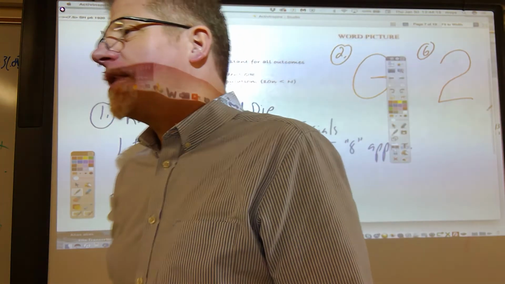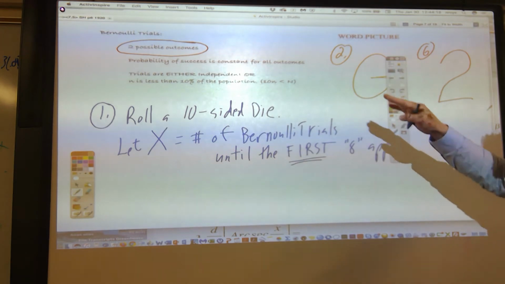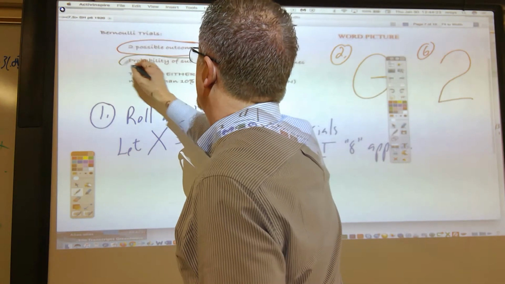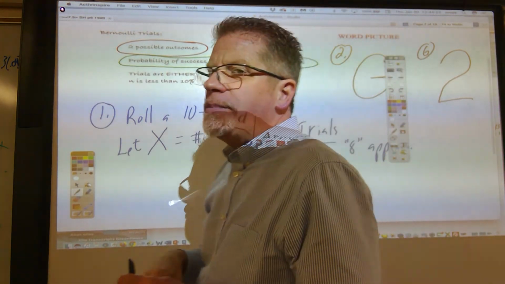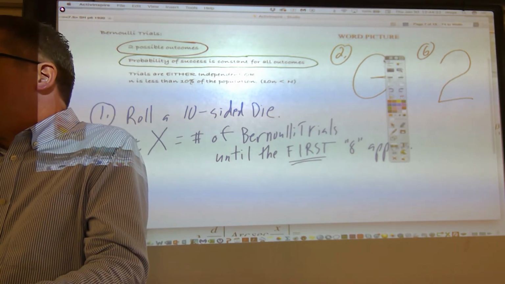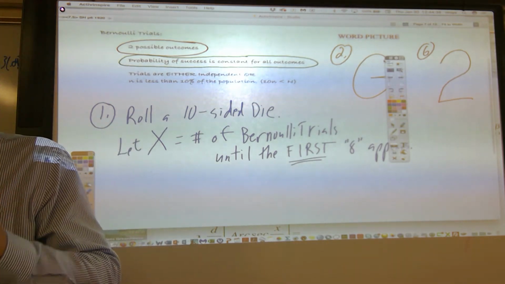But yeah, so there's only two possible outcomes. So that's what we have here. Now the probability of success is constant. That's the green part of Bernoulli. Probability of success is constant for all outcomes. Now, suppose success is defined as rolling an 8. What's the probability of success the first time you roll a die? 10%, 1/10.